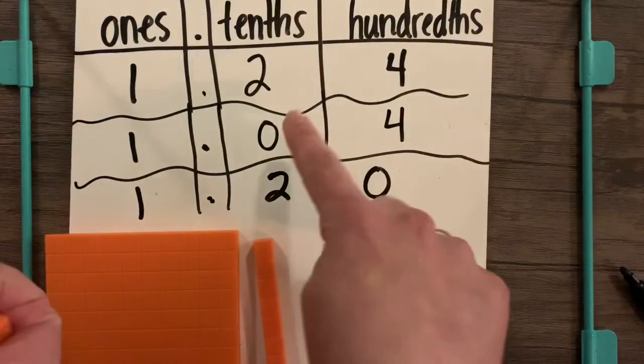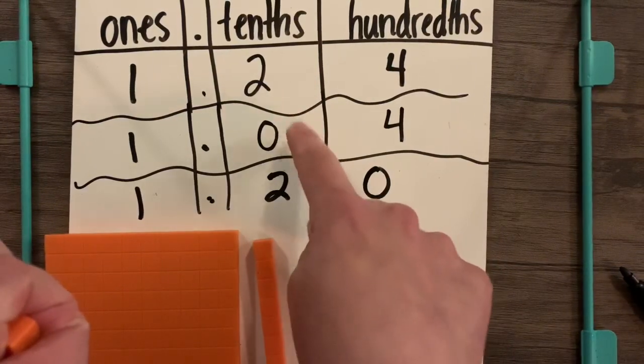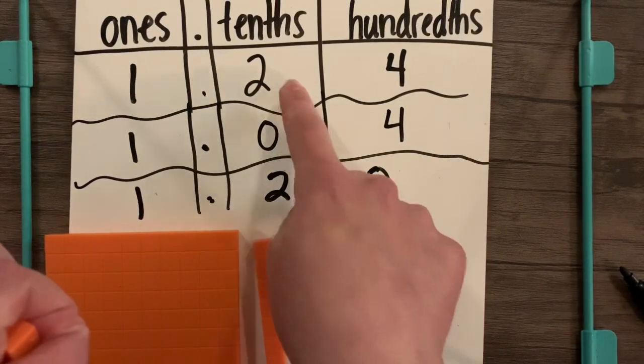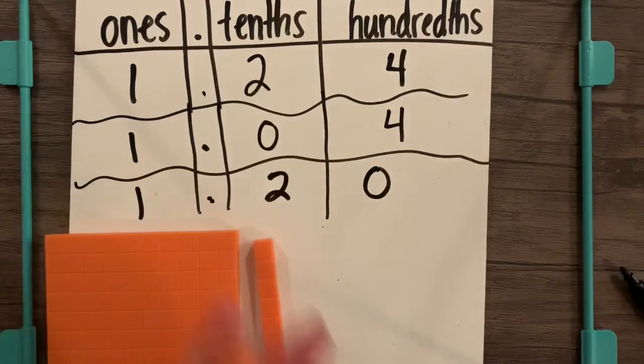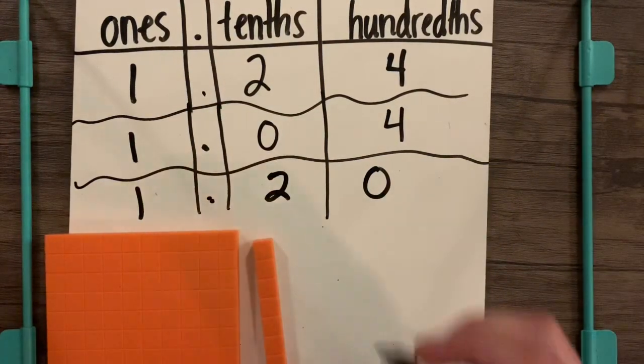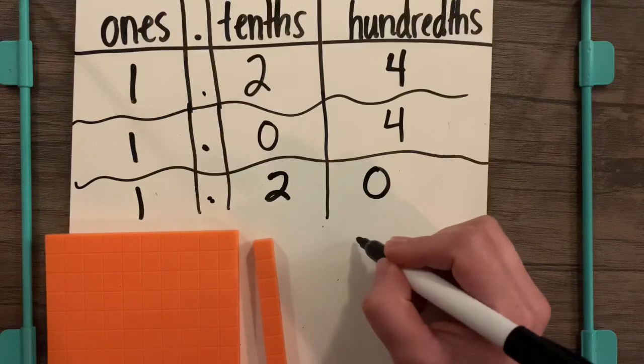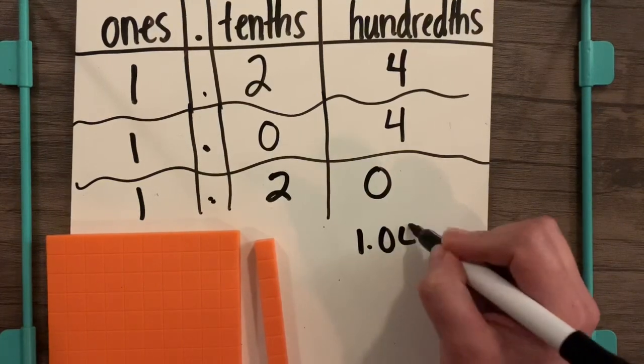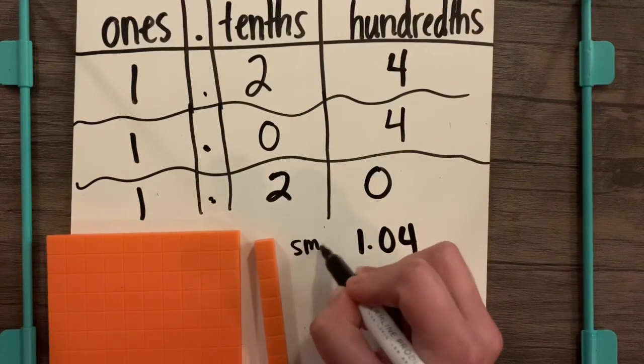So if you have 0 in the tenths, this means that this number is smaller in comparison to these two. So if I'm going from smallest to largest, 1 and 4 hundredths is the smallest.